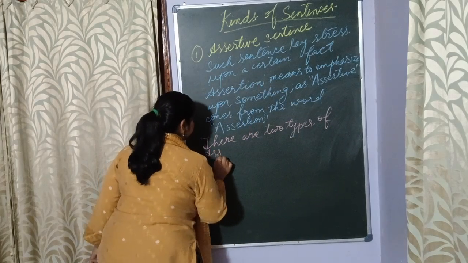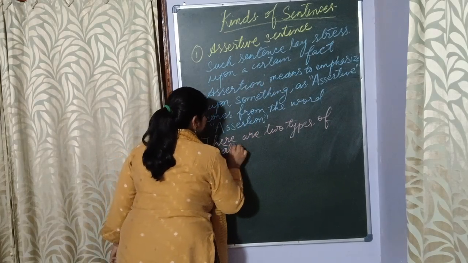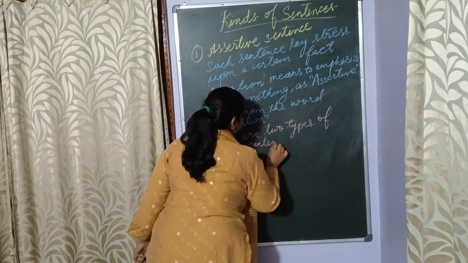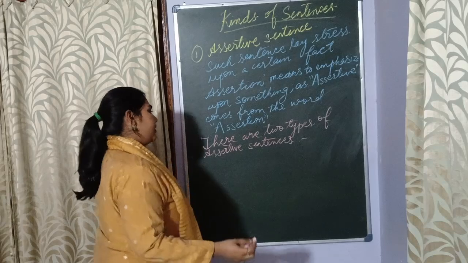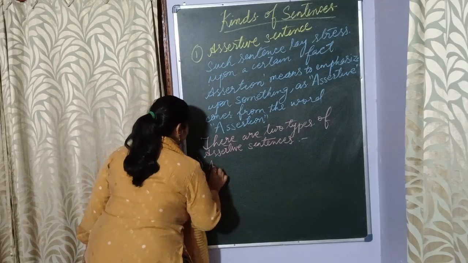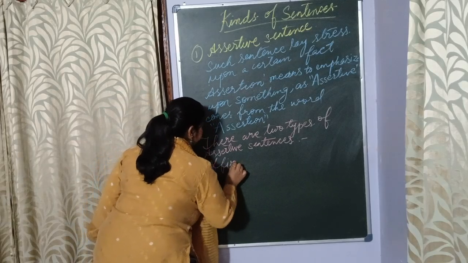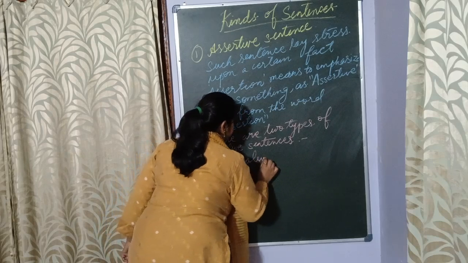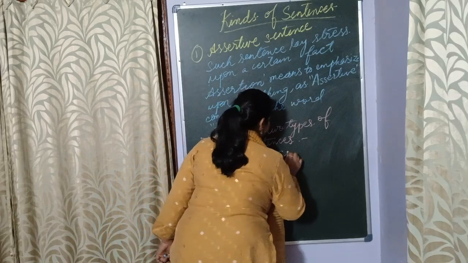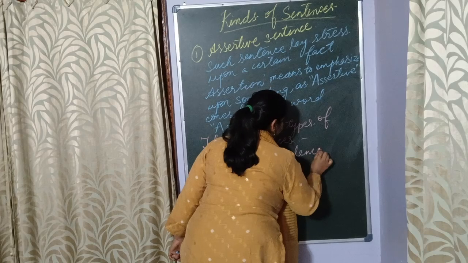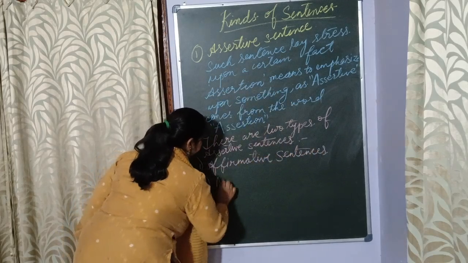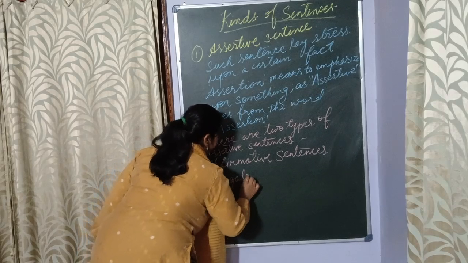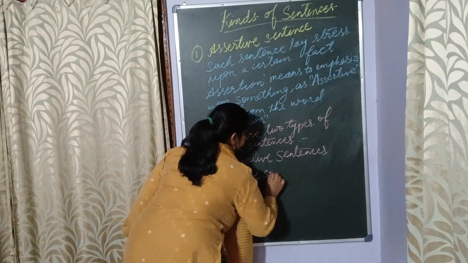There are two types of assertive sentences. Number one is your affirmative sentences, and number two would be negative sentences.